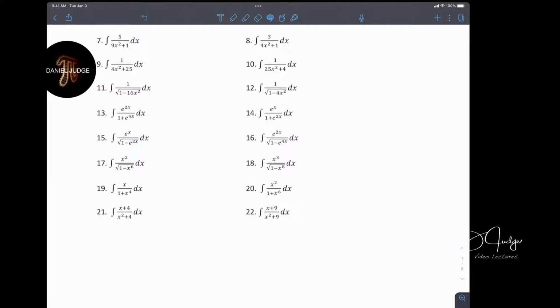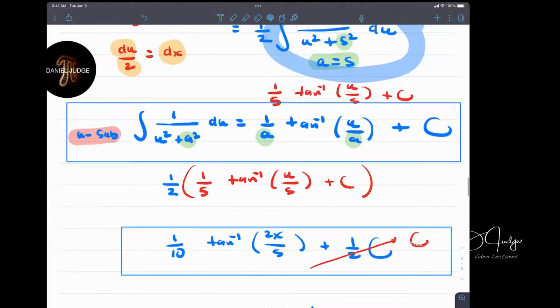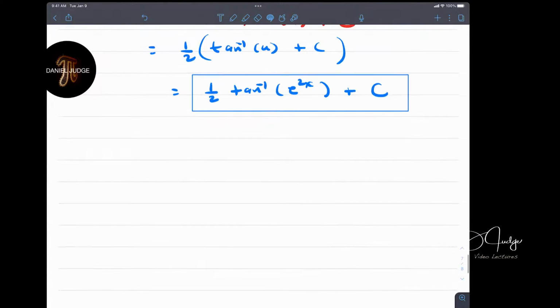Okay, let's look at number 15. All right, this one is going to be the same kind of thing, but we got to look at that square root of 1.